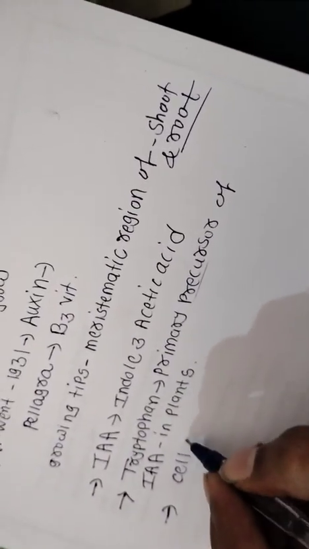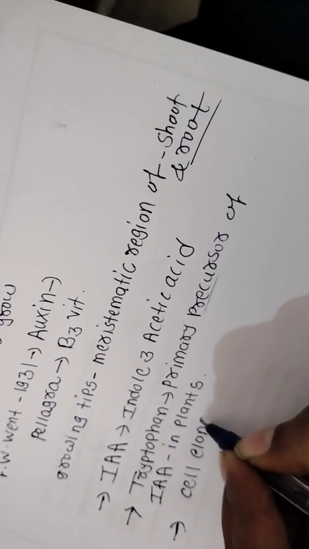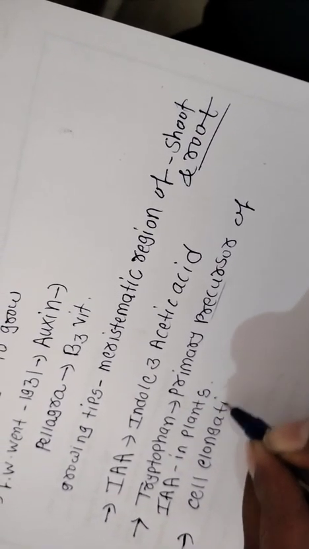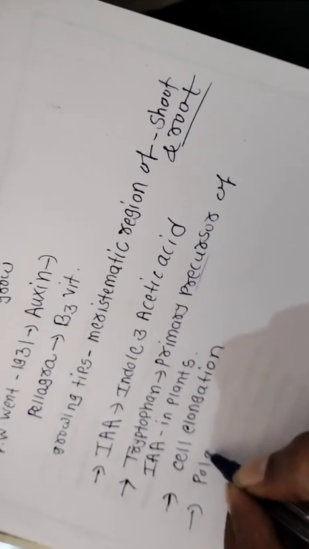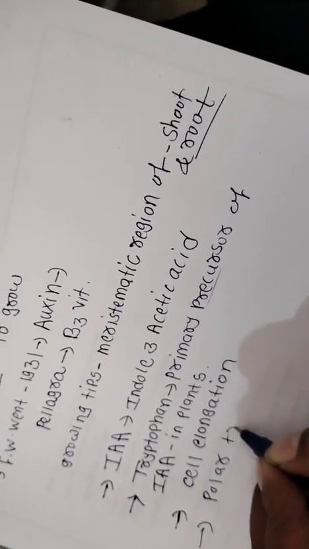What is the main function of the growth hormone called auxin? It is the first hormone to be discovered in plants and is primarily responsible for cell elongation. It is the growth hormone which shows polar transport.